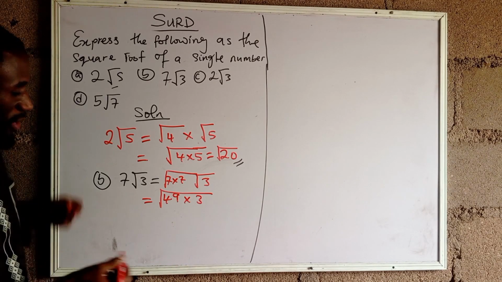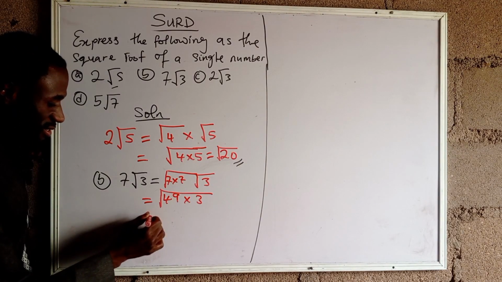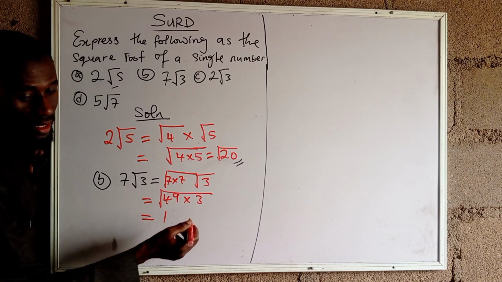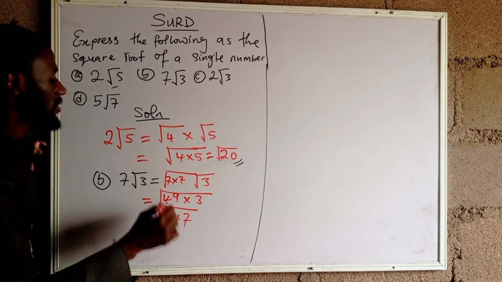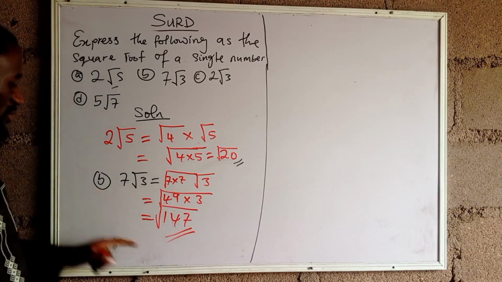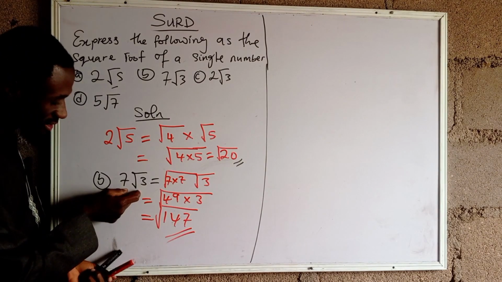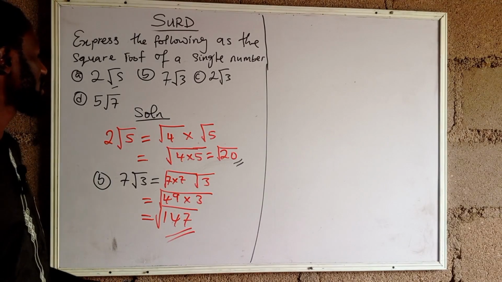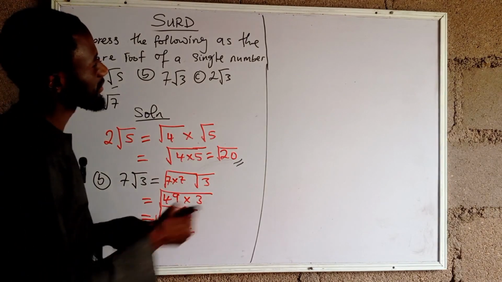Now we are going to simplify 49 times 3 here, which is 147. This shows that the square root of 147 is equal to 7 root 3. We simplify the answer as a single surd. This is the logic. Then let's solve the C part of the question.